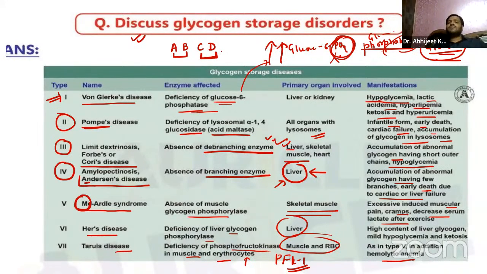If no glycolysis takes place, what will happen? Again, there will be hemolytic anemia. The RBCs will break down, the hemoglobin will be distorted and ruptured, coming out of the RBC. So there will be fewer RBCs, and that will result in anemia, right? So that is about the glycogen storage disorders in short.